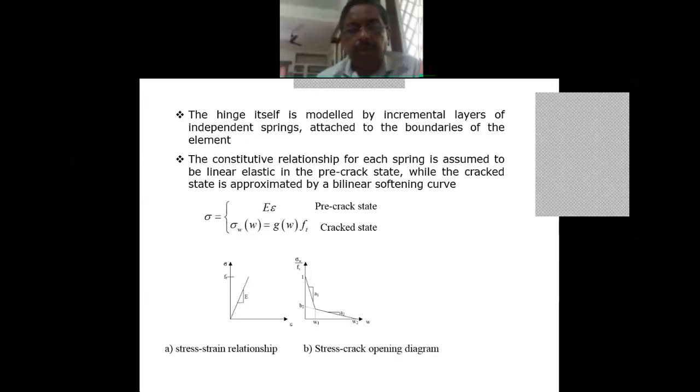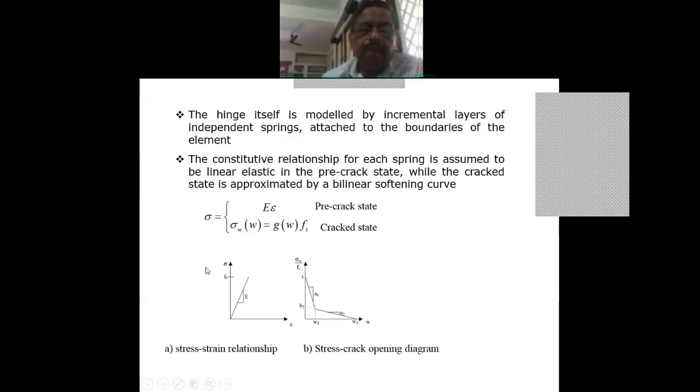That's why for W1 and W2 crack widths, the majority will be aggregate interlocking and interface friction taking place, energy absorption. This way the energy can be taken.